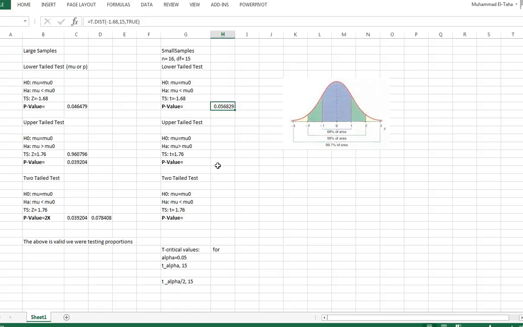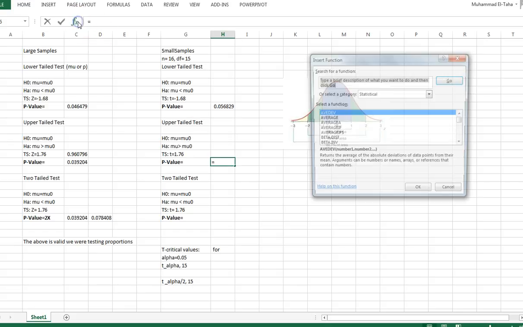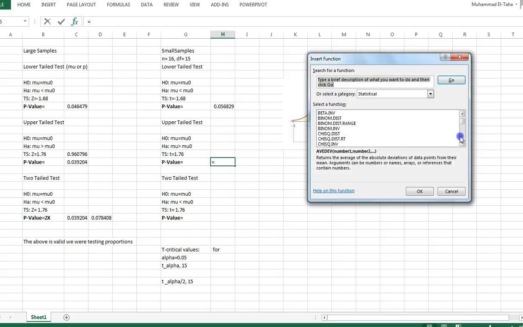Or in the case of the t-distribution, Excel has a special function for the right tail. So in this case, I'm going to use that: go up, click on fx, and search for that function, which in this case would be the t-distribution. Let's find it.